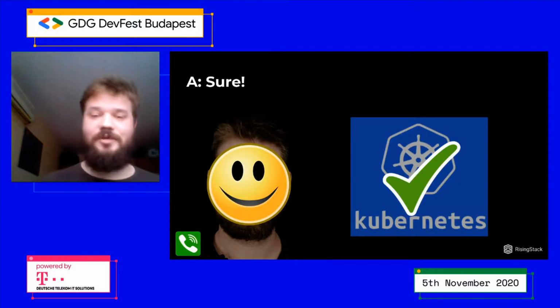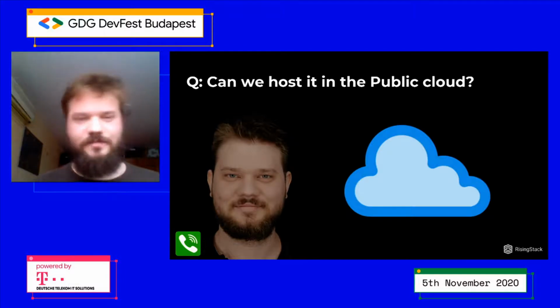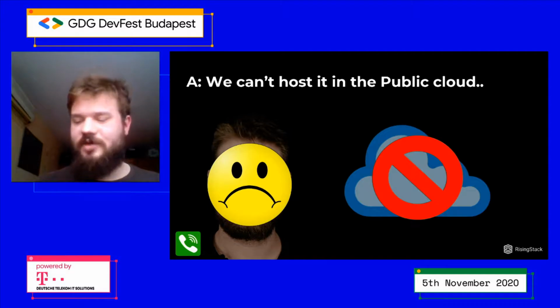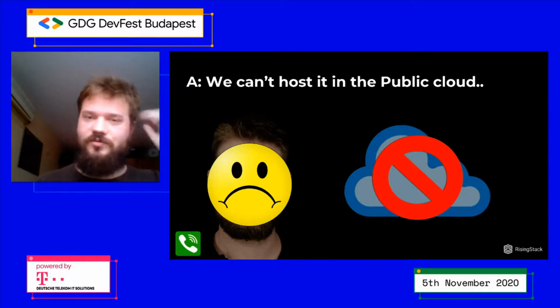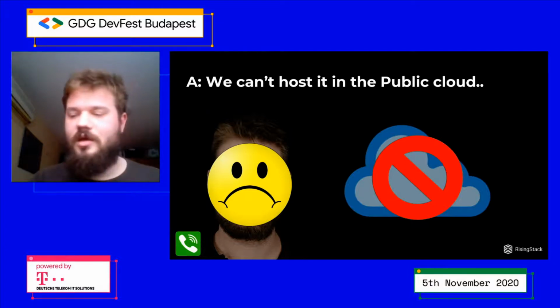And we were happy. But okay, just a couple of questions. Could we, by chance, host it in the public cloud? Well, no, forget about it. As I said before, governments tend to be squeamish about sending their data to the public cloud to US-based giants.